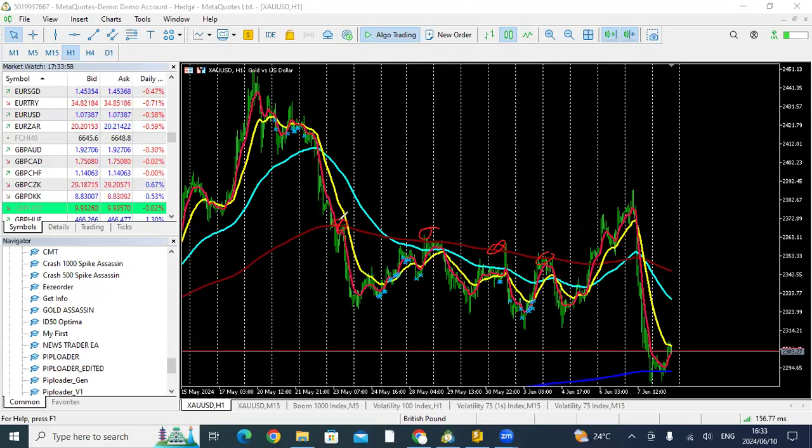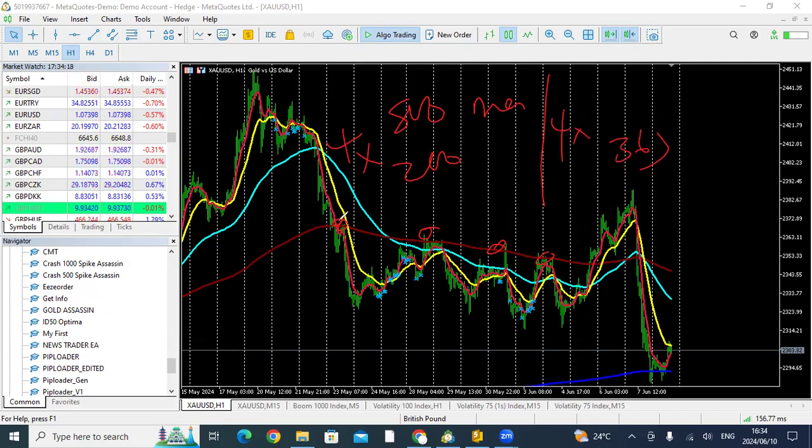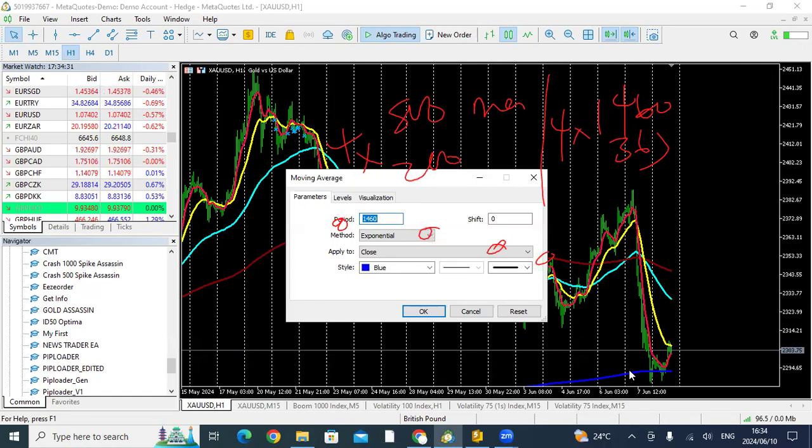And then instead of the 800 moving average, remember for the 800 moving average, we have to multiply the 200 by 4 based on the quarters theory. So for the next moving average in gold, we will have to multiply 365 by 4, and that would give us 1460. So the 1460 moving average is this one over here, the blue one.